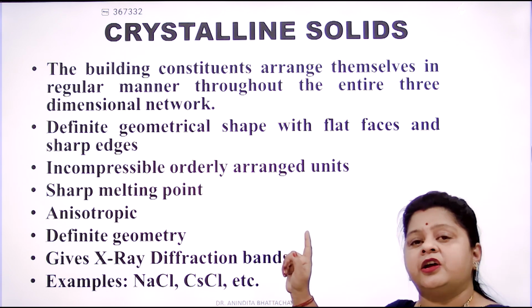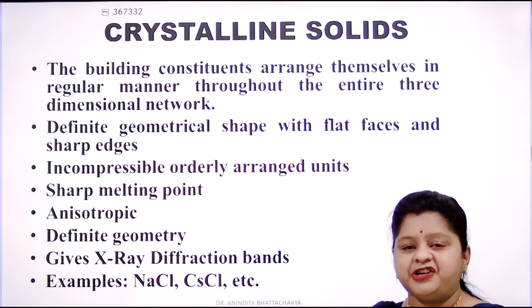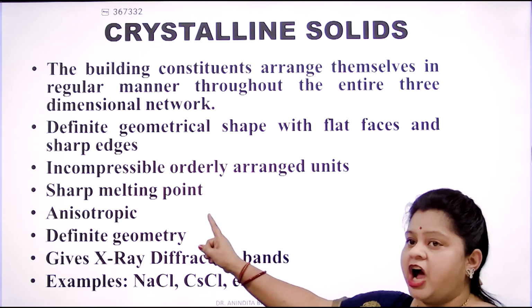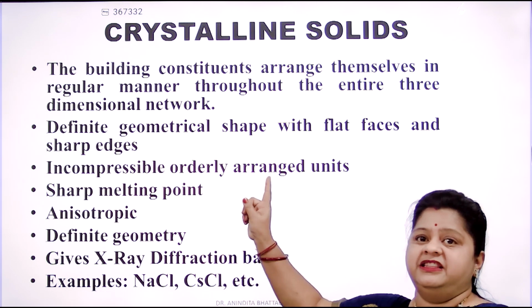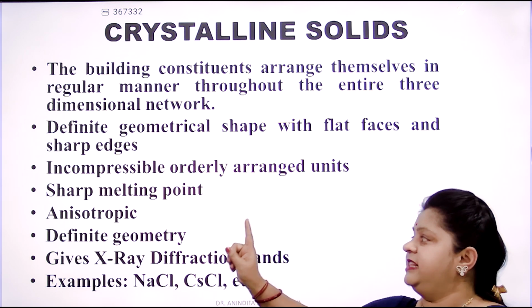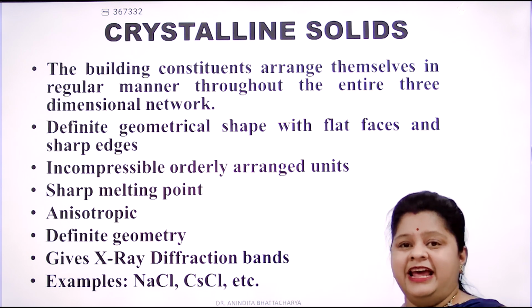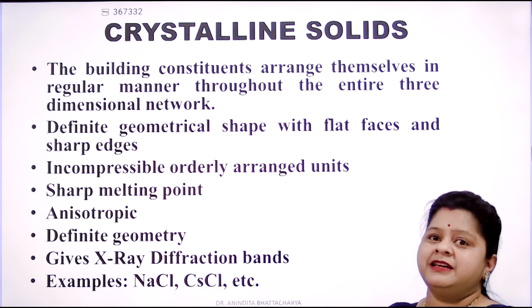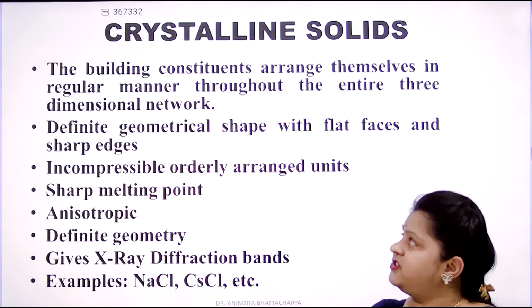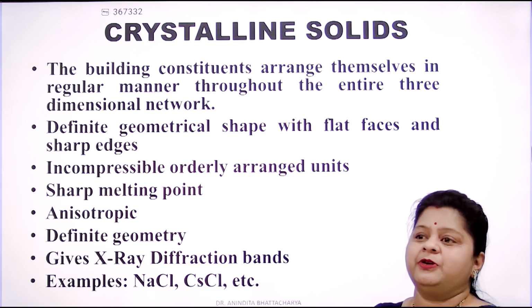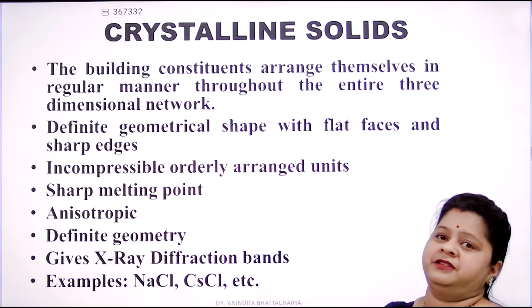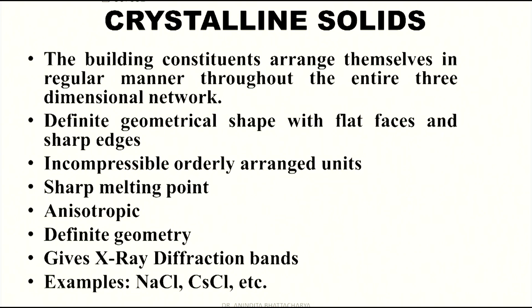Since they are arranged in an orderly fashion, they have a sharp melting point, they are anisotropic, they have a definite geometry, and they give X-ray diffraction bands. Examples of crystalline solids are sodium chloride, cesium chloride, sodium fluoride, etc.